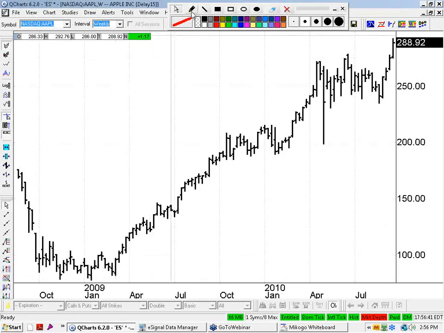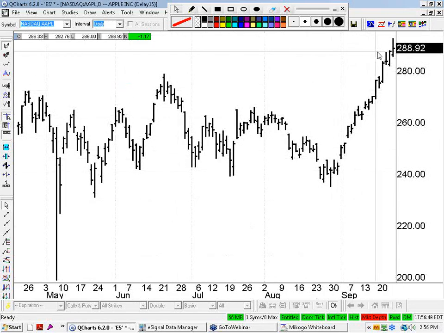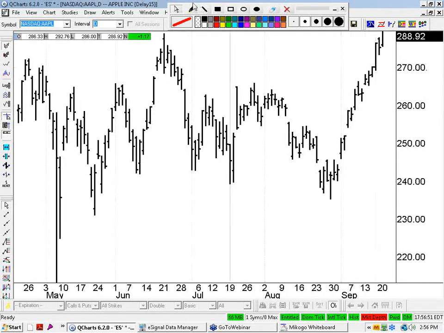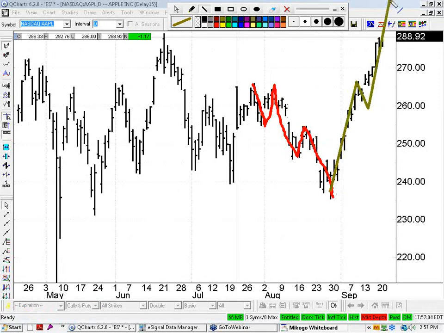Okay, going in the right direction, going north. So this was a fast ramp going up north. This was a slow ramp going south. That's a weak down move followed by a strong up move.